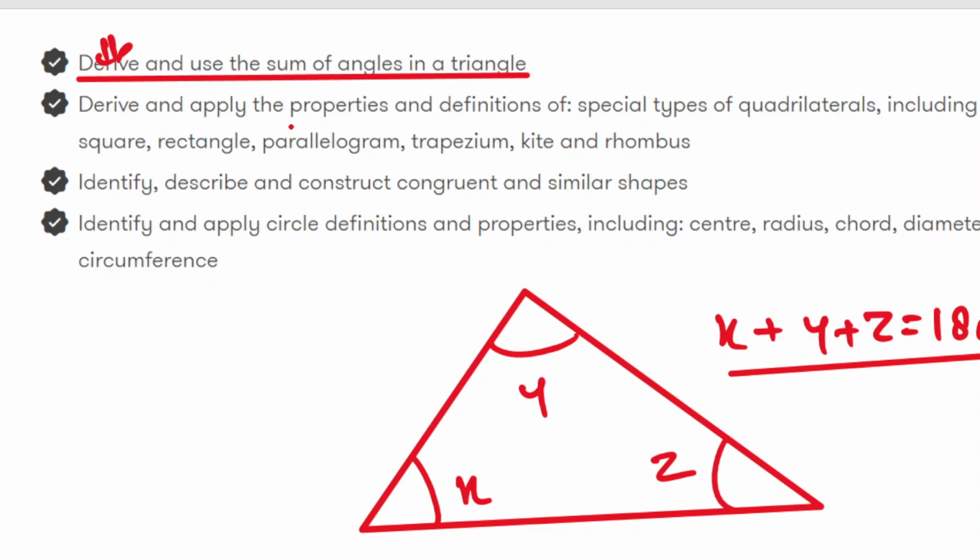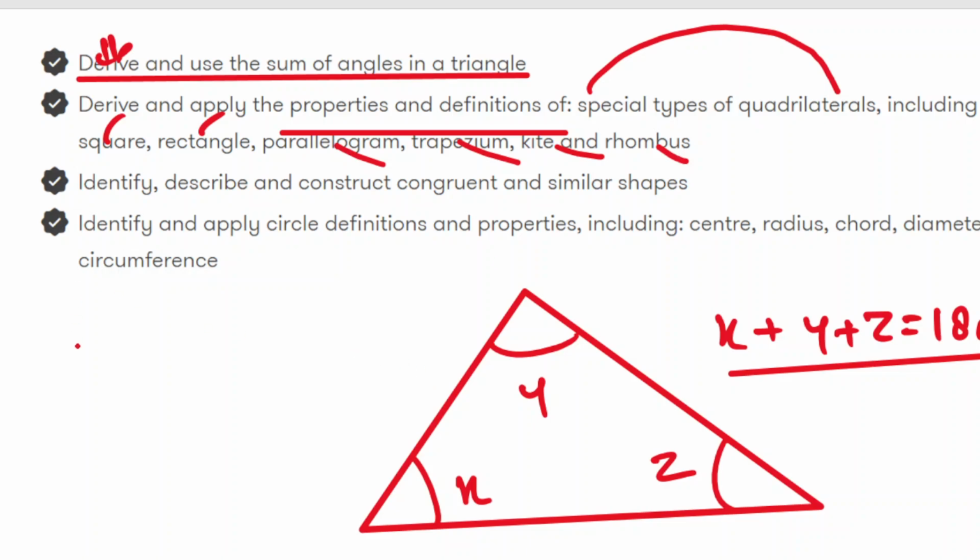Derive and apply the properties and definitions of special types of quadrilaterals, including square, rectangle, parallelogram, trapezium, kite, rhombus. I will tell you a very fine thing about these areas. The area of a triangle is half BH. Okay, now see.